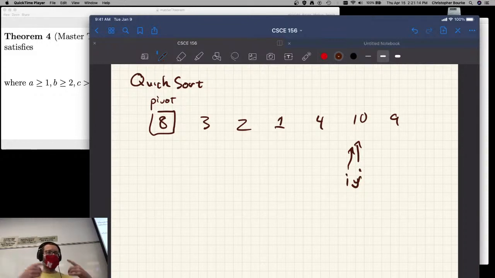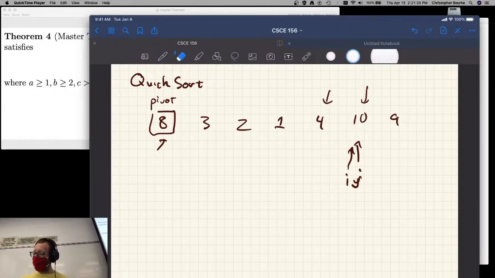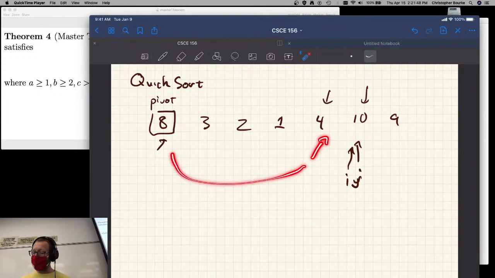And if you looked at the pseudocode, hopefully pretty carefully, after that loop that brought i and j together, swap, swap, move, move, it made a decision. Where does this pivot element need to be? Should it be here, or should it be one before? And what it ended up doing, well, if I swapped 10 and 8, that would put 10 on the wrong side. So it went with the second case, where I know that that's on the correct side, the left side, and so it's okay if I swap it with the pivot choice that I made of the first element.